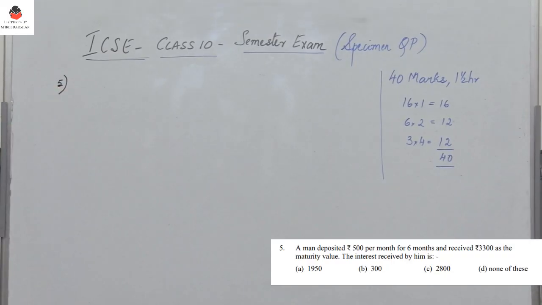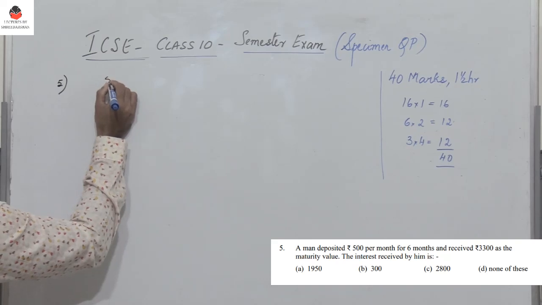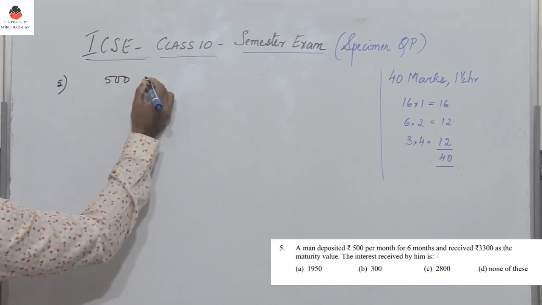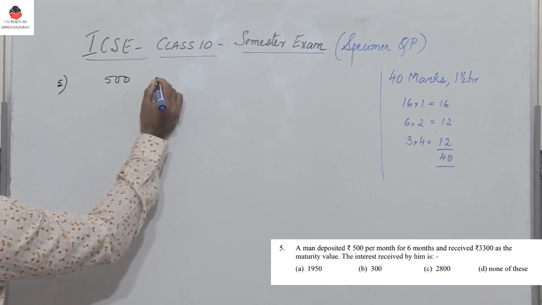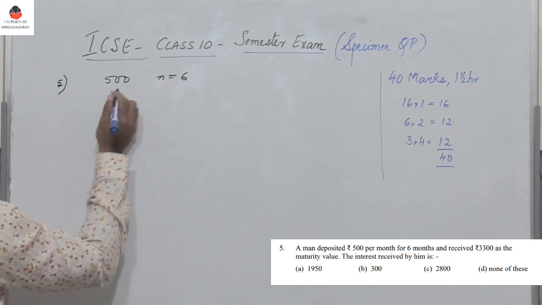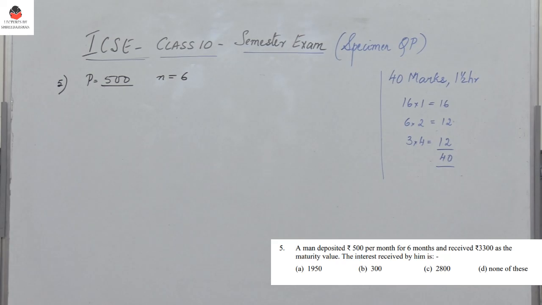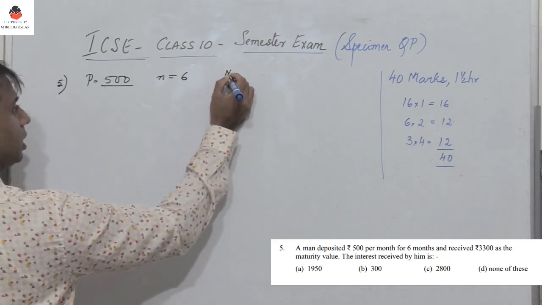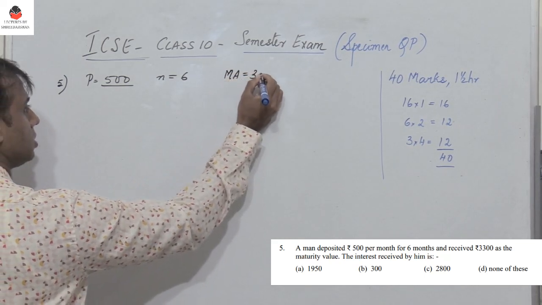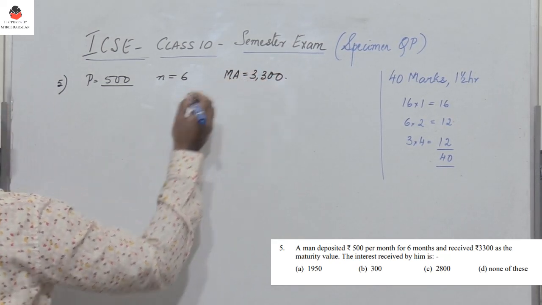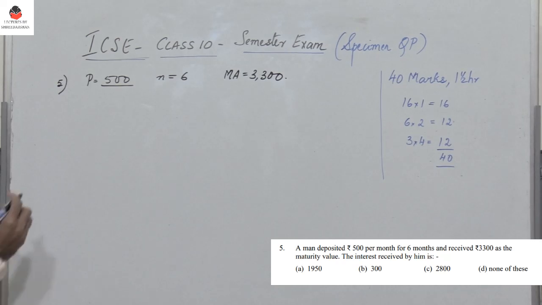Question 5. A man deposited rupees 500 per month for 6 months. Right? So N is 6 and the principal amount P is 500 and received 3,300 as the maturity value. So the maturity value is 3,300. The interest received by him is. So what is the interest?